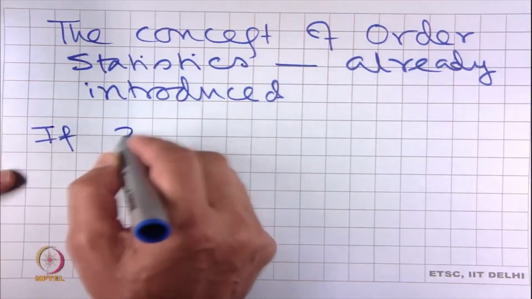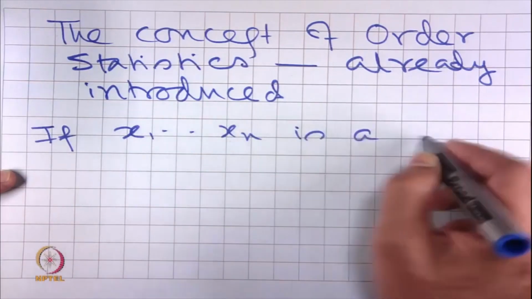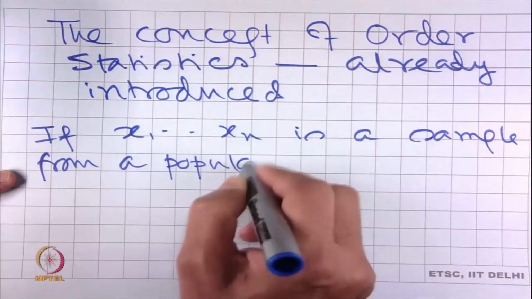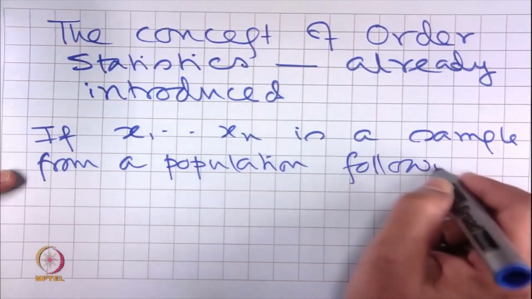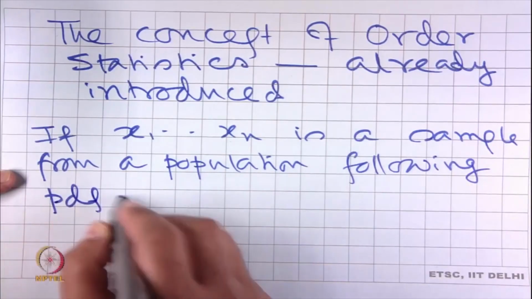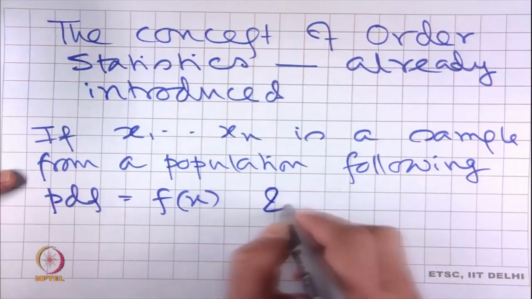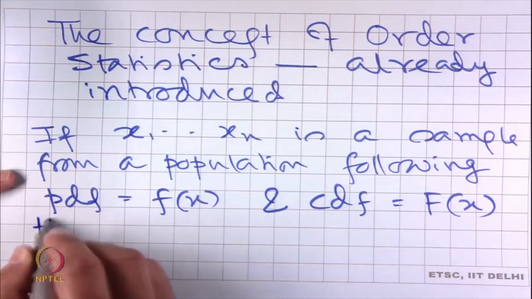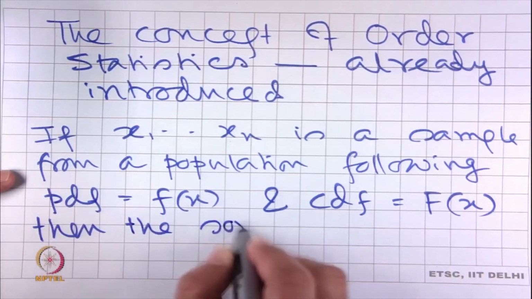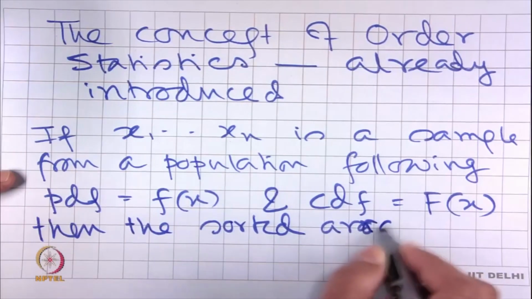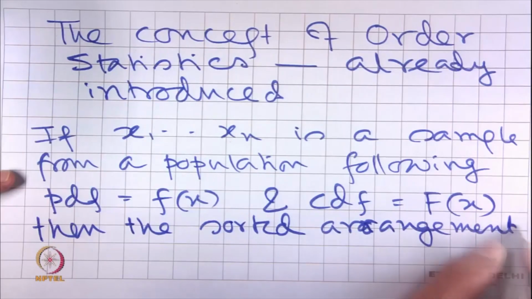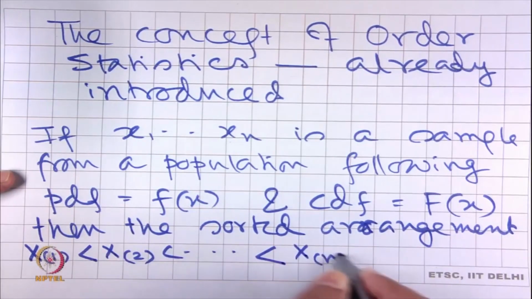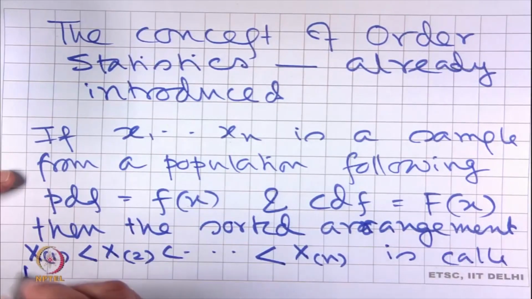If X1, X2, ..., Xn is a sample from a population following PDF equal to f(x) and CDF equal to F(x), then the sorted arrangement X(1) less than X(2) less than ... less than X(n) is called the order statistics.